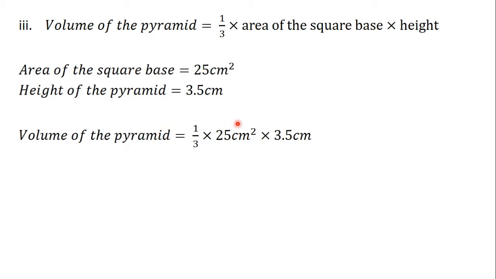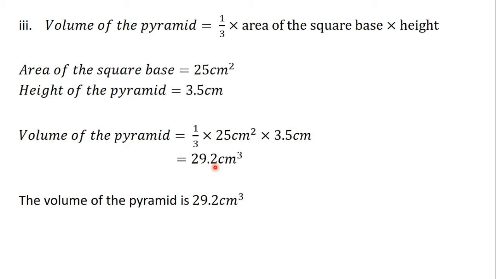So the volume of this pyramid is equal to 1 divided by 3 times 25 centimeters squared times 3.5 centimeters. And this will give us 29.2 centimeters cubed. So the volume of this pyramid is 29.2 centimeters cubed.